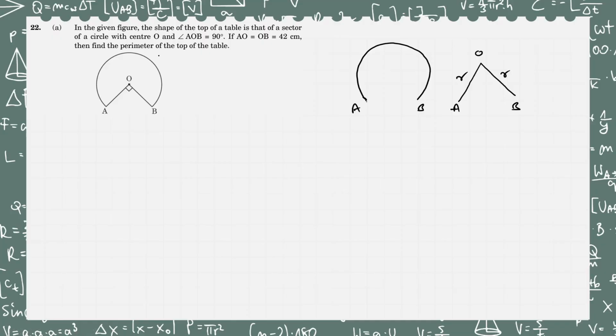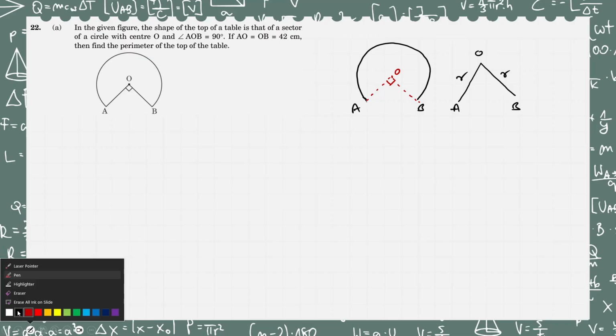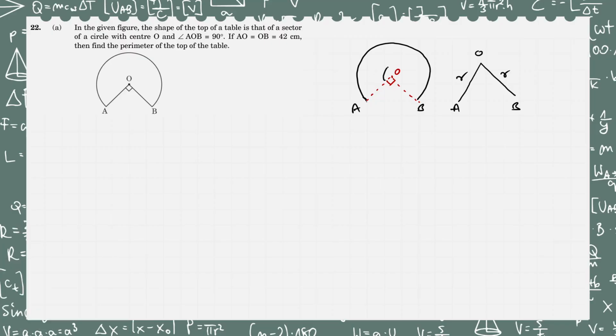Okay, so now we need to find out the length of the arc. Here is the center O. Here it is given as 90 degrees. I don't need 90 degrees now because that major arc will subtend a different angle on the other side, right? I need the black color marked angle's value, which is a reflex angle, right? So how can I find it? The total angle subtended at the center of the circle is 360 degrees.